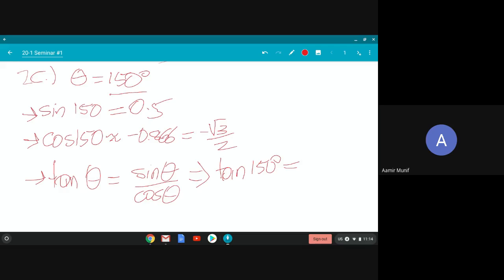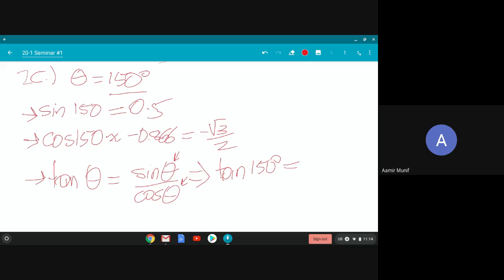What do you guys think? What should it equal to? I know what theta is, so it will be what? Sine of 150 over cos of 150, right? Yeah. But I know what those values are.